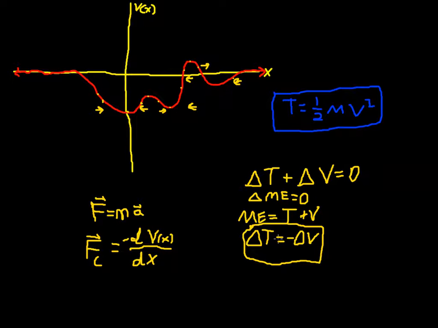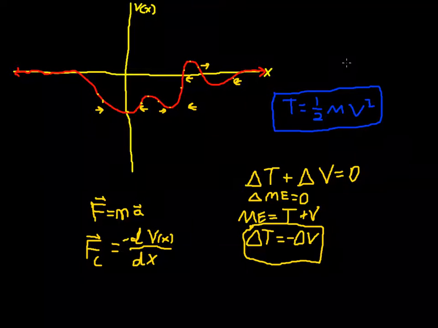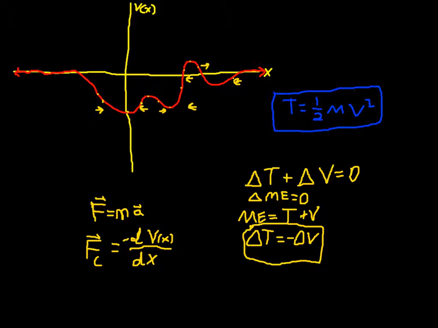Okay, so what's really important here is not the value of the potential energy. That's very relative. What matters is the change in potential energy, because we're looking at the dynamics of a system. The dynamics has to do with the speed and the velocity. So we're looking to tell us how the speed of an object changes.